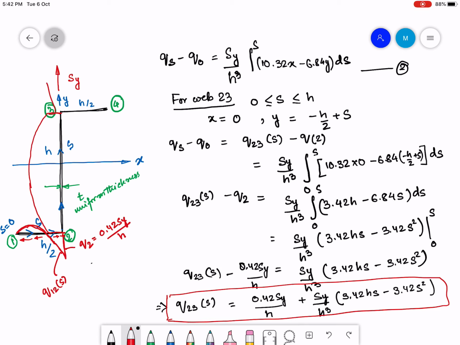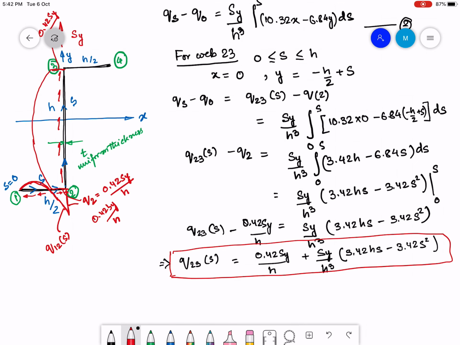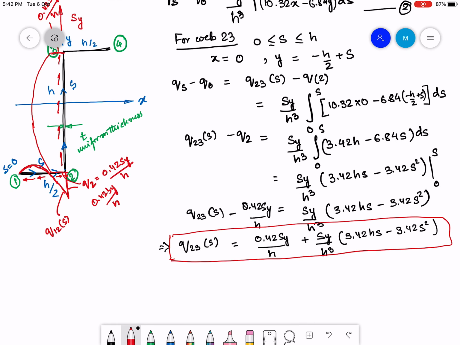Where this is also 0.42 Sy by H, and this portion is also 0.42 Sy by H. So we see that this is the variation of shear flow in the portion 2-3.